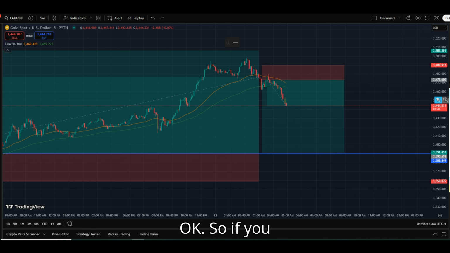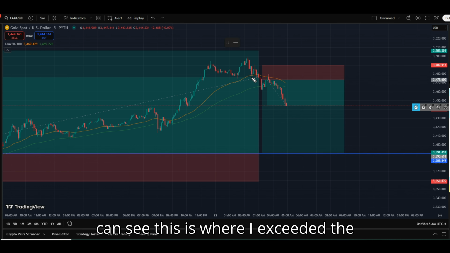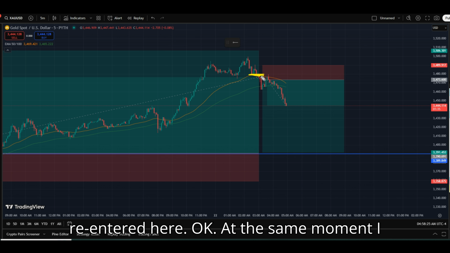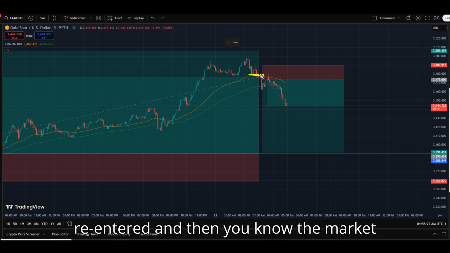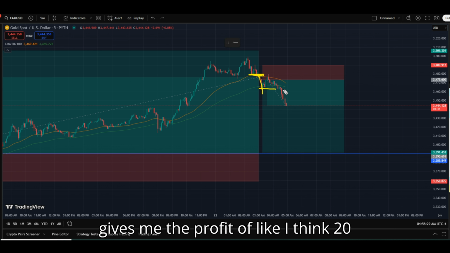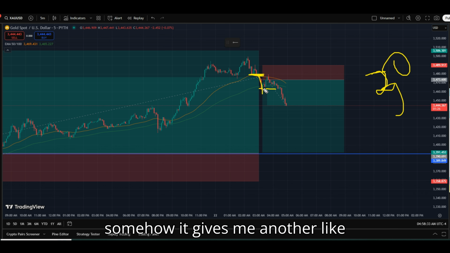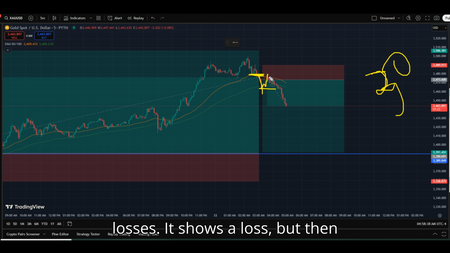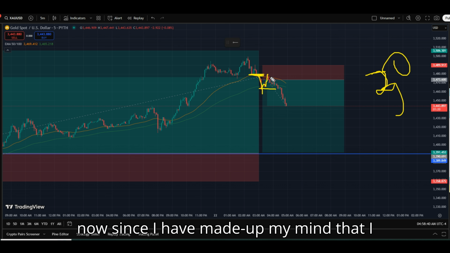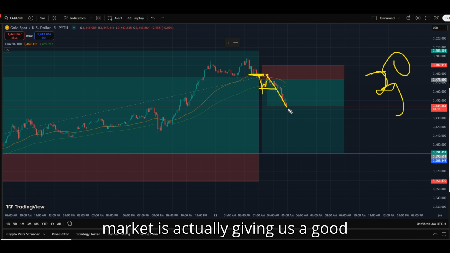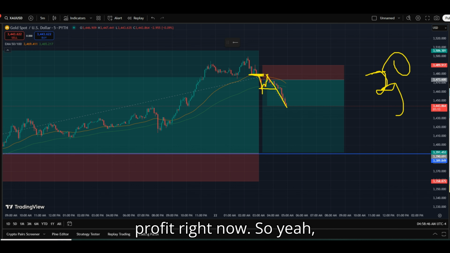If you can see, this is where I exited the market, and after that I re-entered here. At the same moment I re-entered, the market gave me a profit of about $30, but then somehow it gave me a loss. It showed a loss, but since I had made up my mind that I would hold this position, the market is giving us a good profit right now.